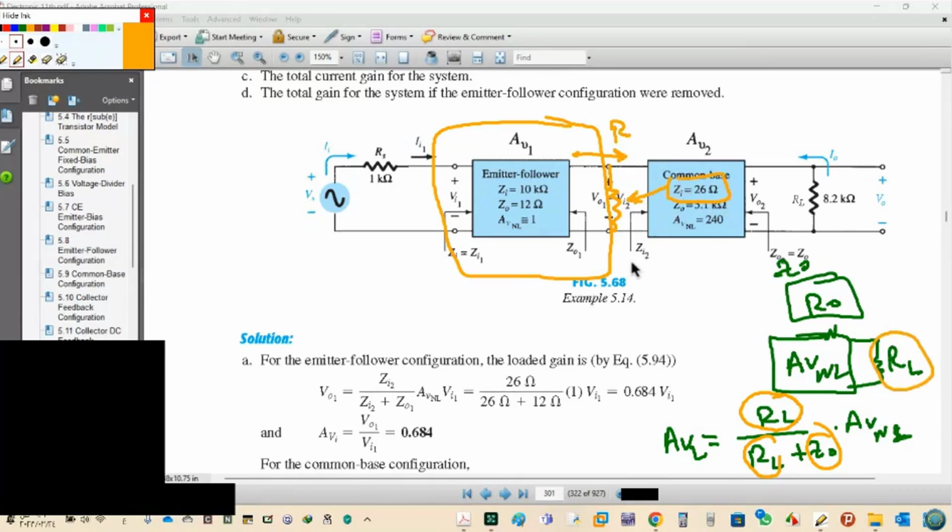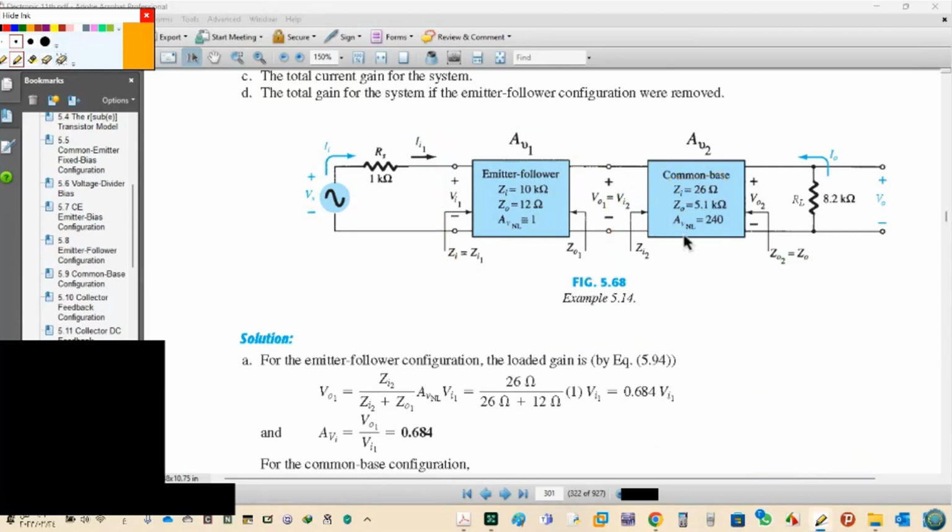RL here equals ZI2. So in the first stage, RL is the input impedance for the next stage.